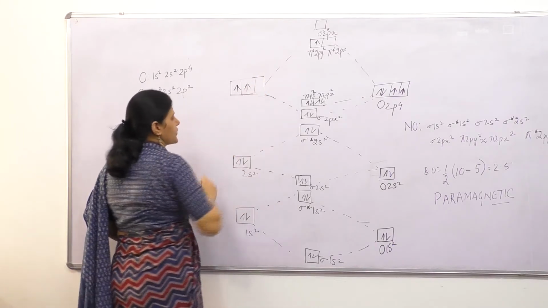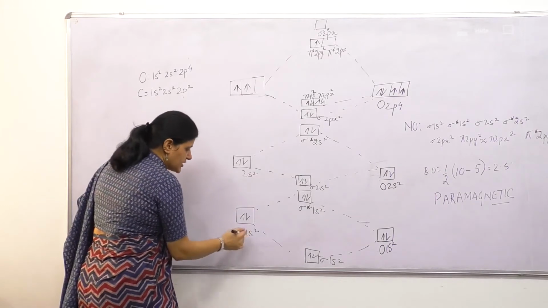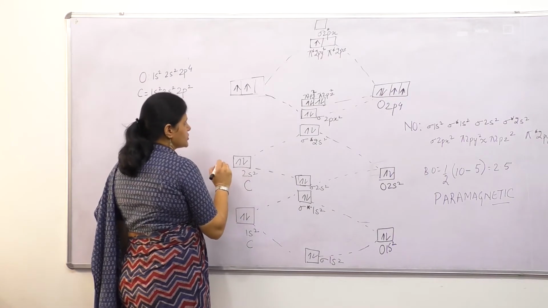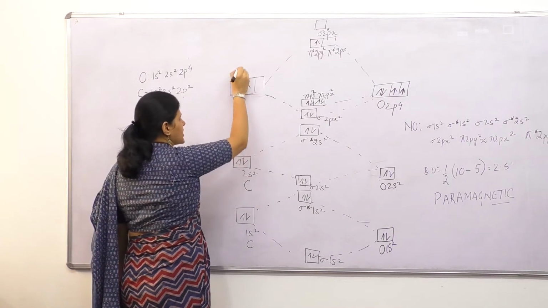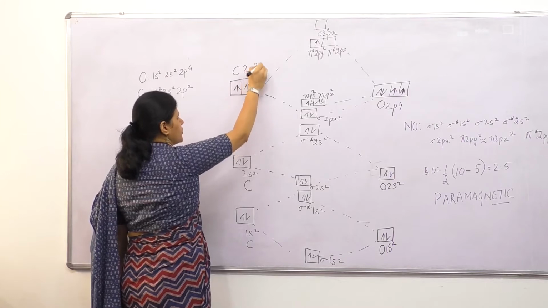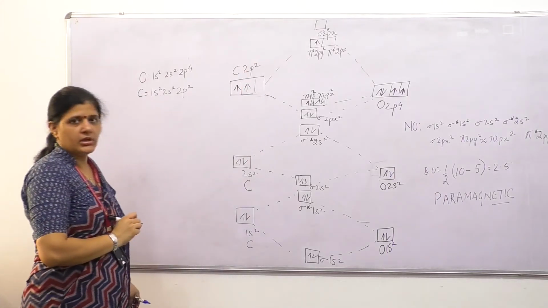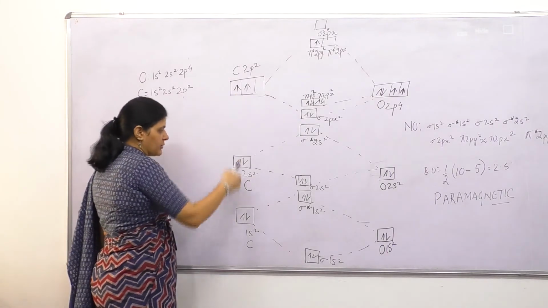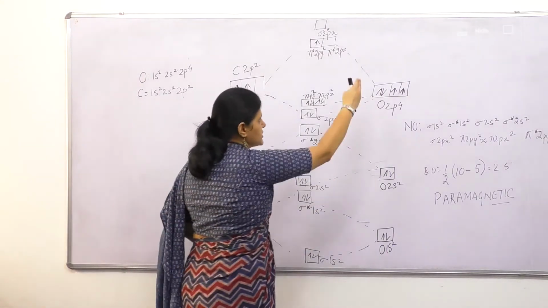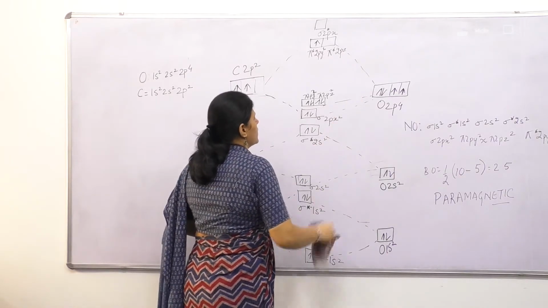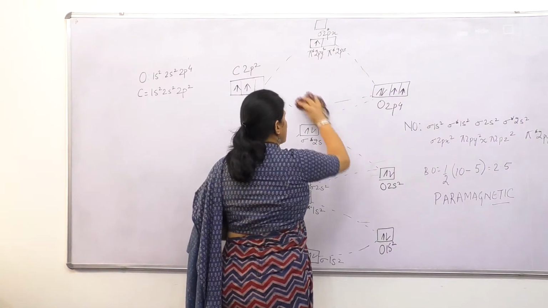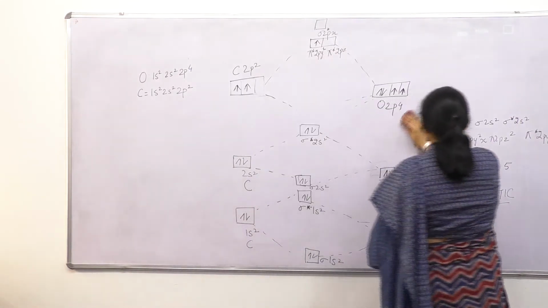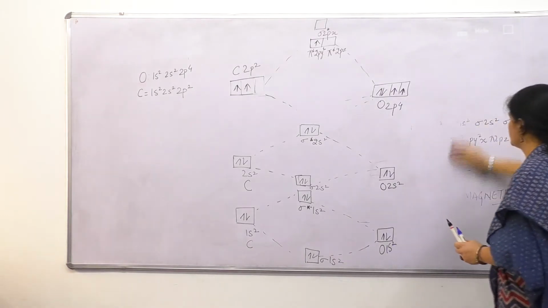We will use the same concept as nitrogen. This is carbon 1s2, this is carbon 2s2 and this is carbon 2p2. This is the carbon atom. This is the oxygen atom. We will bring a change over here in the carbon monoxide molecule.